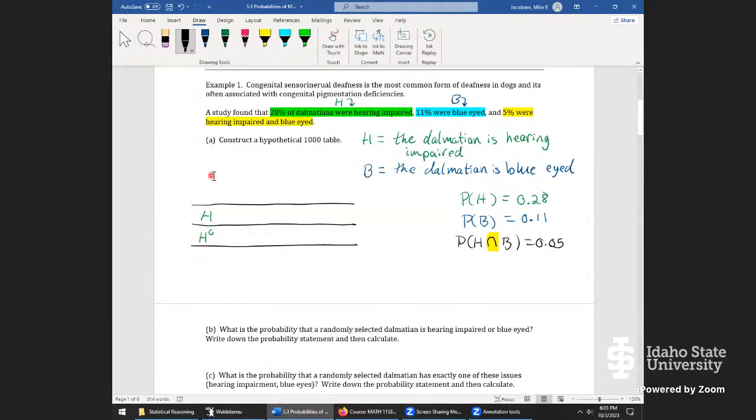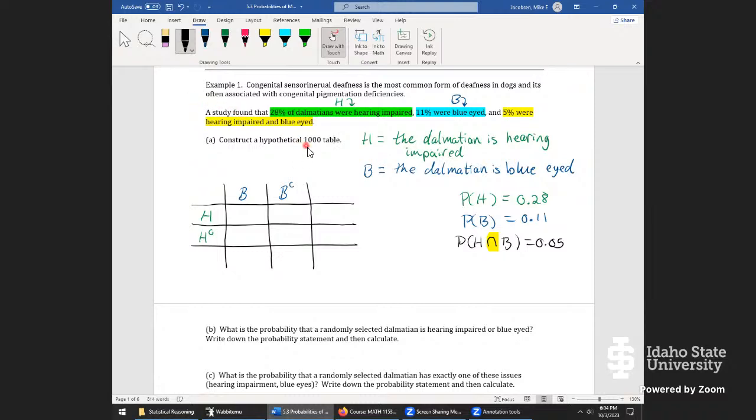Then, after we have the rows settled in and these values, let's put in 3 vertical line segments, constructing the rest of the table. So now we go to the event B, that the Dalmatian is blue-eyed. We'll put 1 right here. When we put it in as B complement, that means the Dalmatian has some other eye color than blue, so not blue-eyed here.